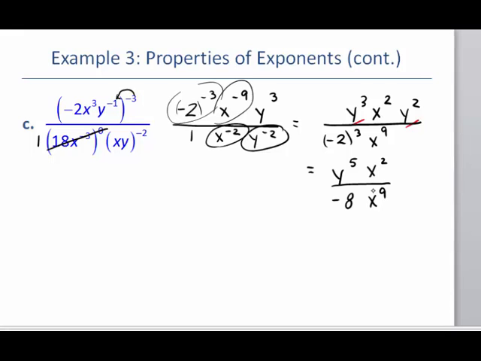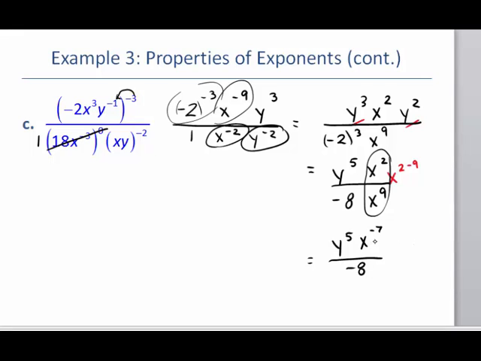All right, so let's deal finally with this part. Now, remember what we said about that situation. We said that that's a subtraction problem. When your bases are alike, it becomes x to the 2 minus 9. So that is going to give me an x to the -7.